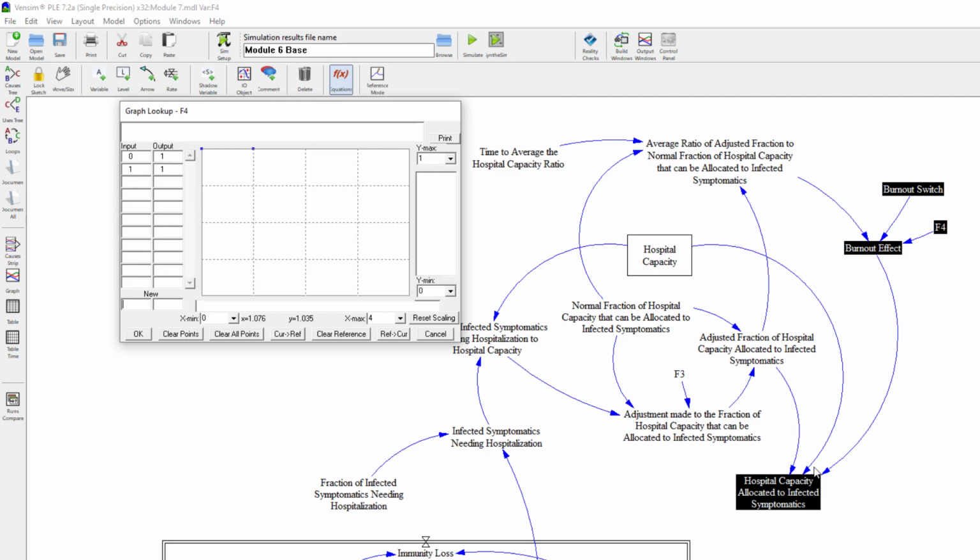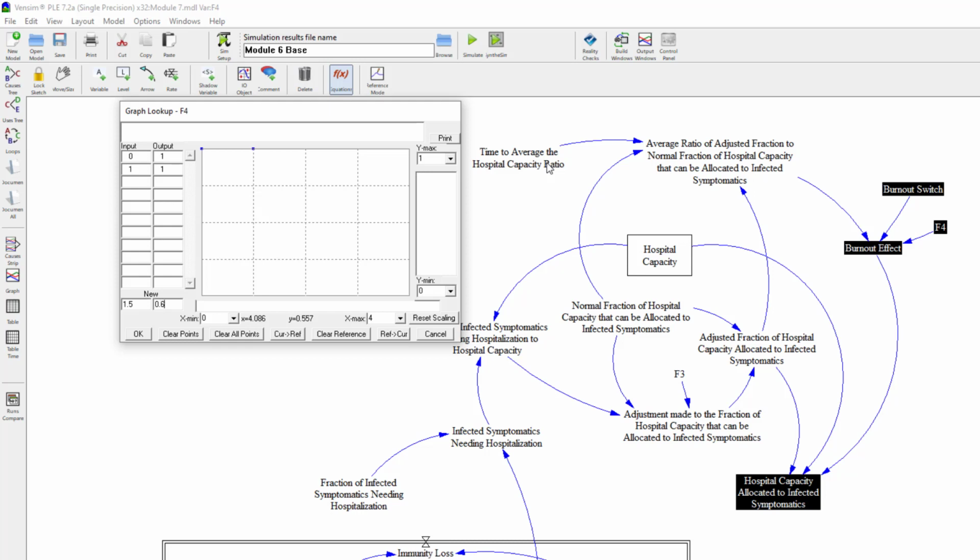However, let's say that this average ratio is 1.5, meaning that the adjusted fraction is 50% more than the normal fraction, and it's been going on like that for a while. Then our y-axis is going to be 0.6.